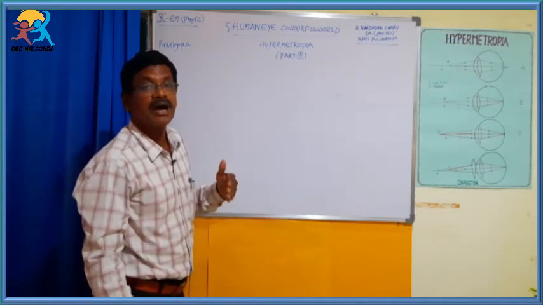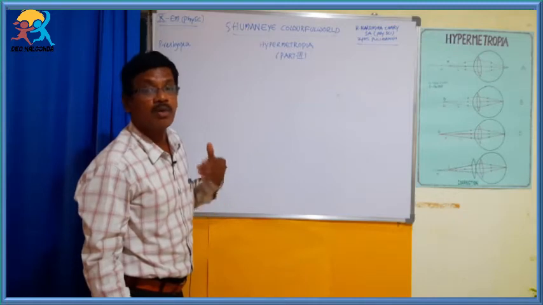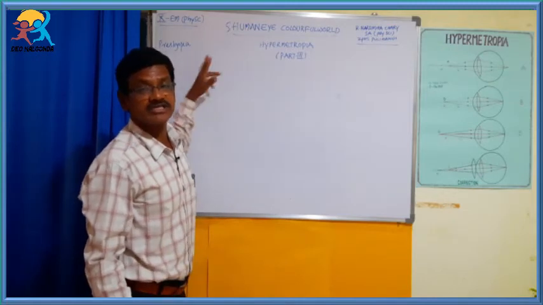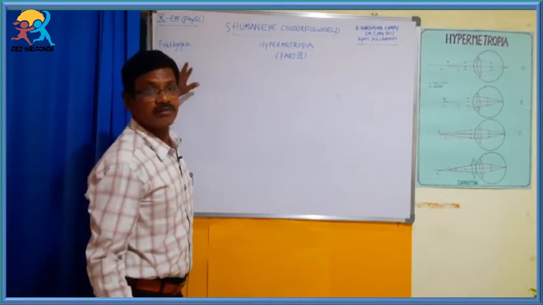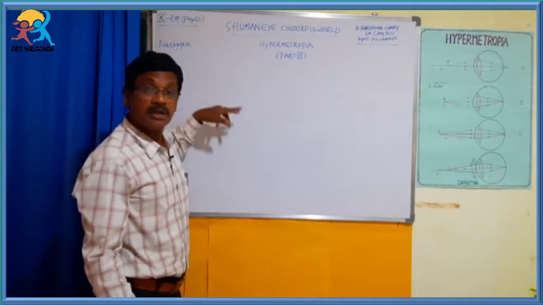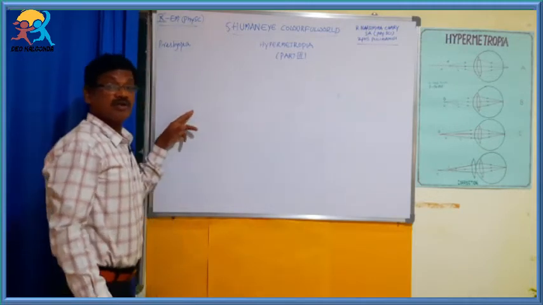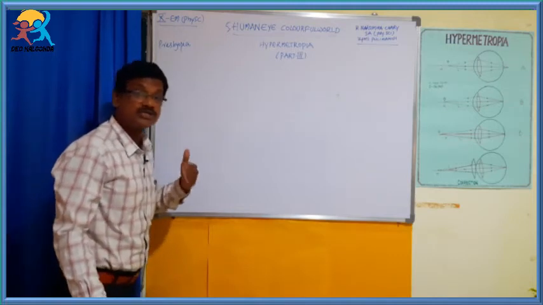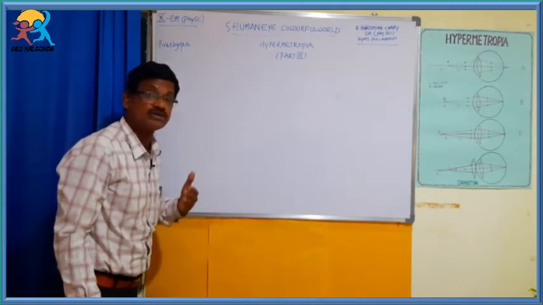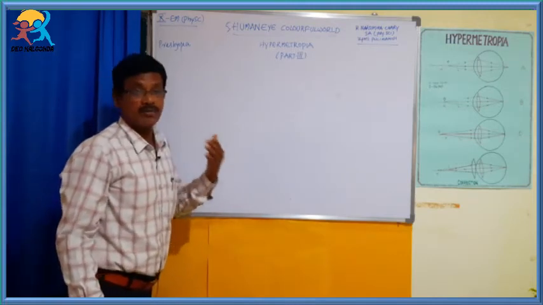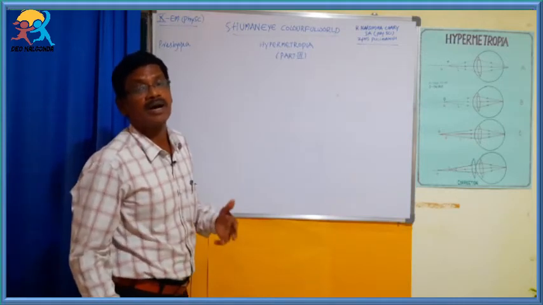People getting older will face this defect of vision called presbyopia. Older people may sometimes suffer from both hypermetropia and myopia also.